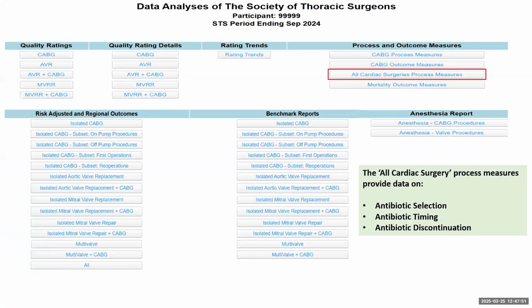As we get into the all cardiac surgery process measures, this is the one thing so far we haven't talked about that's also in the NQF document, or the process and outcome measure document: antibiotic selection, timing, and discontinuation. So we're going to go through that now. That's included in the all cardiac surgery process measures.